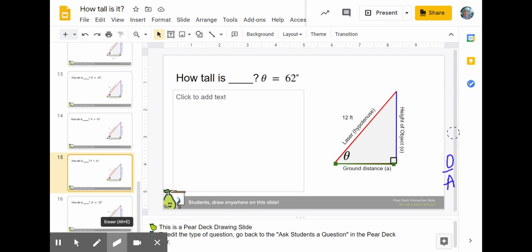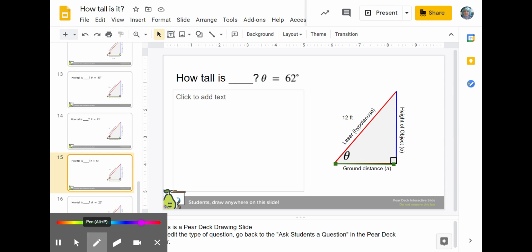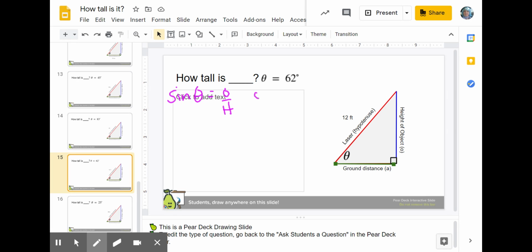Sine, opposite, hypotenuse. Yeah, the first letter stands for the first letter of the whole thing. Absolutely. So sine: opposite over hypotenuse; cosine: adjacent over hypotenuse; and then tangent: opposite over adjacent.